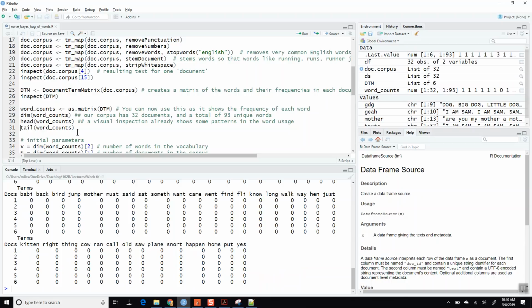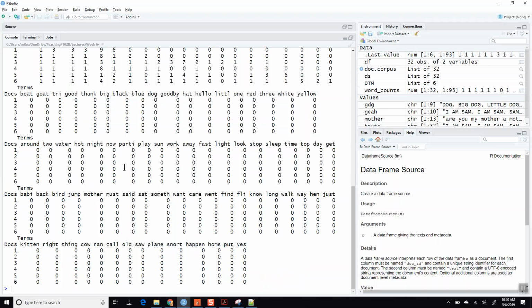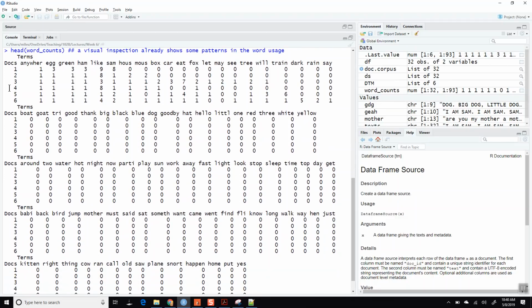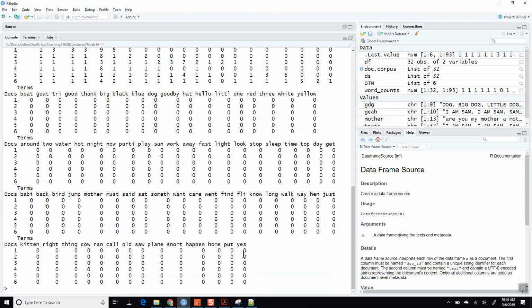And what we see is, these are all the different 93 words, and for the Green Eggs and Ham, we can see words like anywhere, egg, green, ham, like, salmon, house appear quite frequently, but we have no words of happen, home. Okay, so that maybe answers our question. Happen, home, snort, plane, saw, those words don't appear at all.